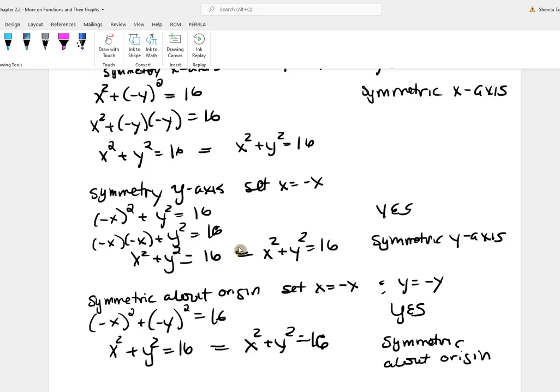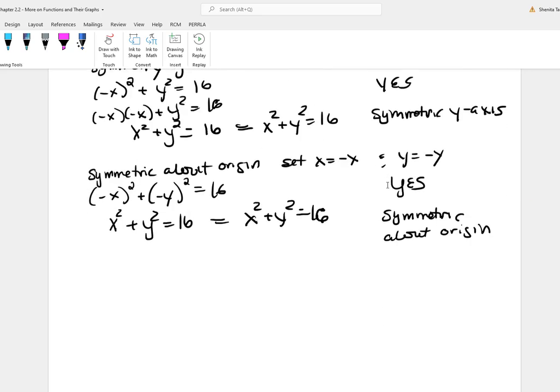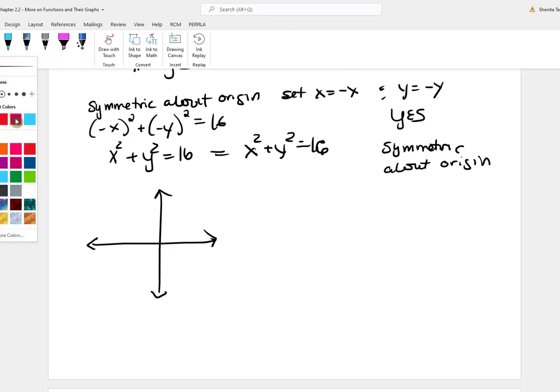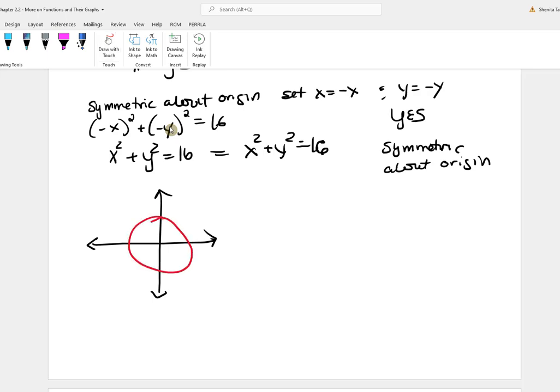Okay, so if I were to draw this picture, this equation is actually a circle. I'm not good at drawing, so imagine that this is a perfect circle. I just can't draw, that's all.